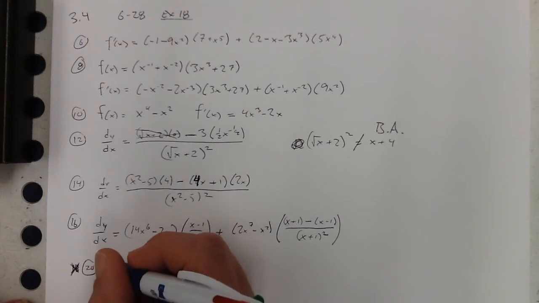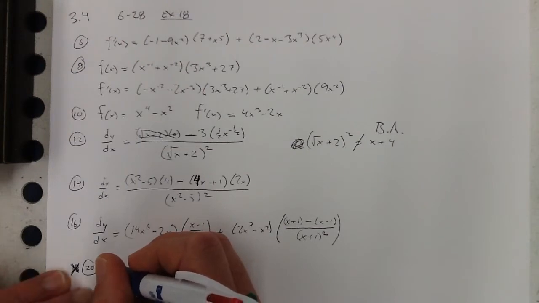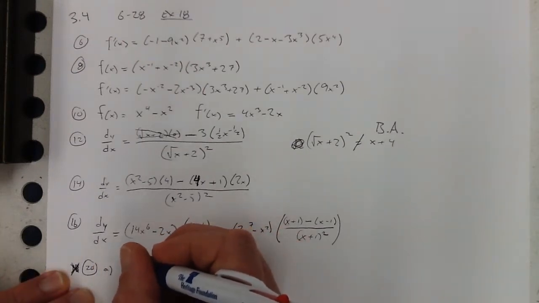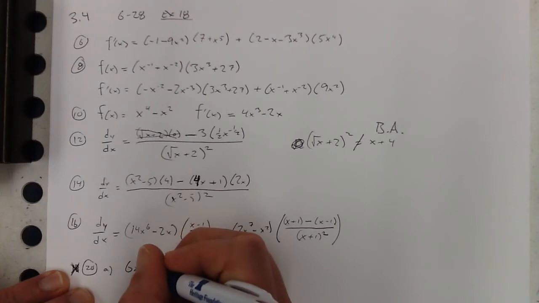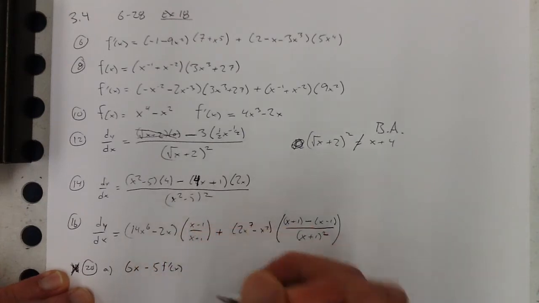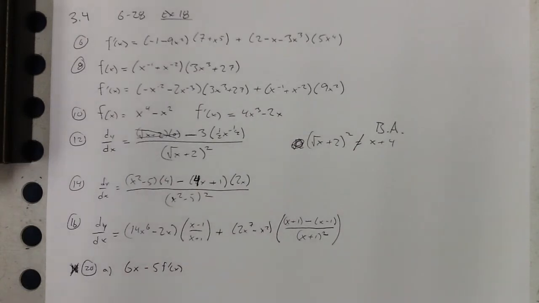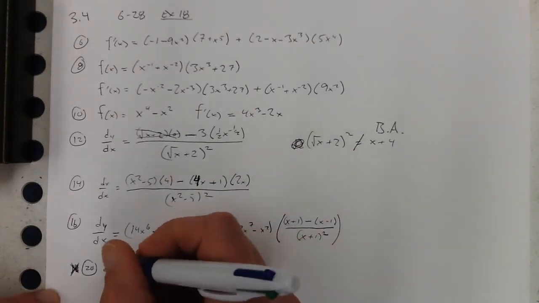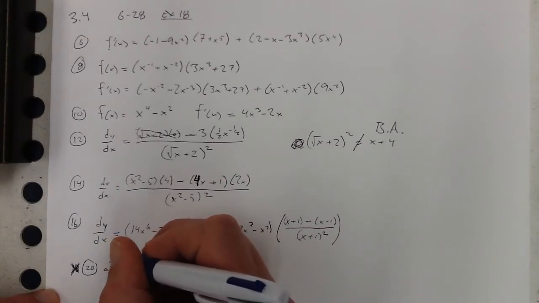Let's see, for A, I've got g of x is equal to 3x squared minus 5f of x. So the derivative of that is going to be 6x minus 5f prime of x. And we want to find g prime of 3. Sorry, just g prime of x.